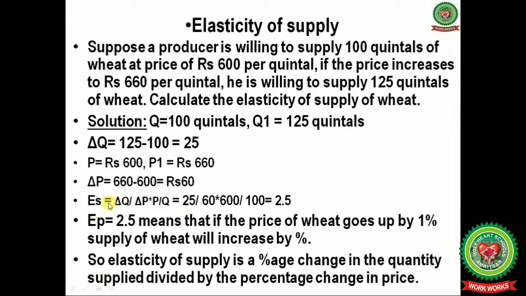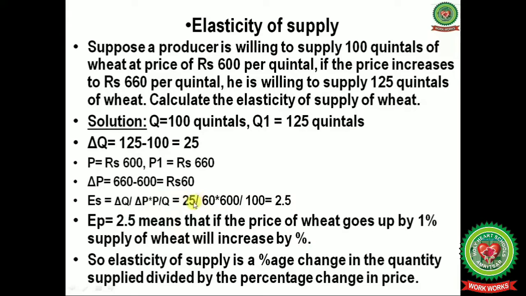Now elasticity of supply, how can we calculate it? That is change in the quantity supplied divided by the change in the price of the commodity, multiplied by the price of the commodity divided by the quantity of the commodity. Here P is the original price and Q is the original quantity.